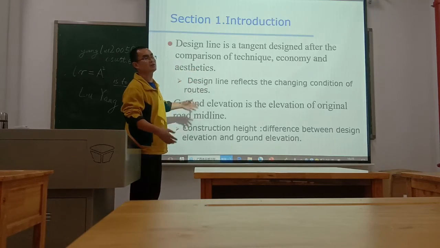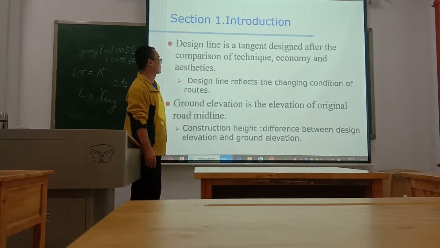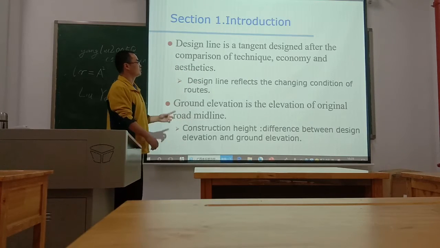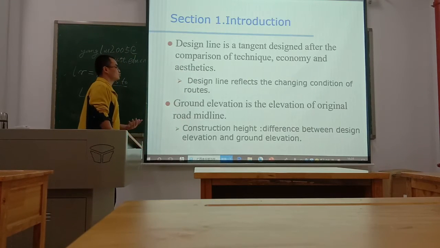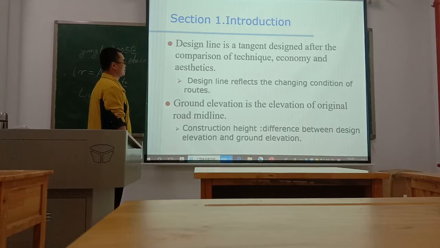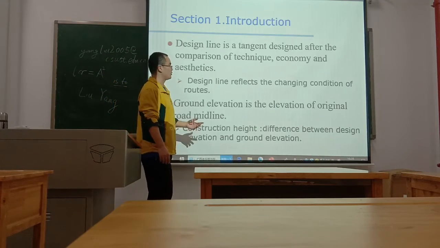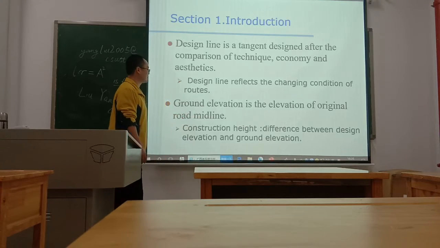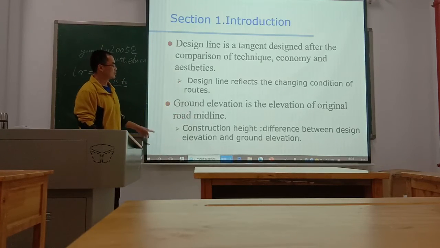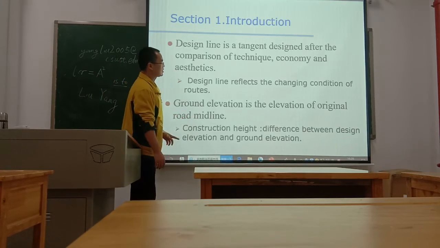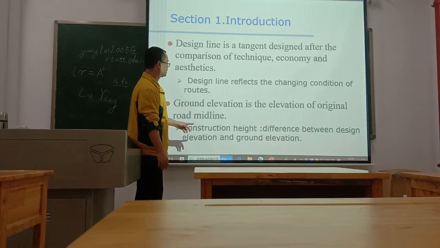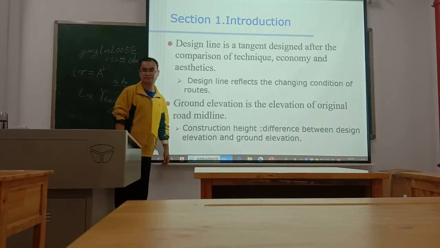Aesthetics is important. Design line reflects the changing condition of roads. Ground elevation is the elevation of a regional road midline. Construction height is the difference between design elevation and the ground elevation.